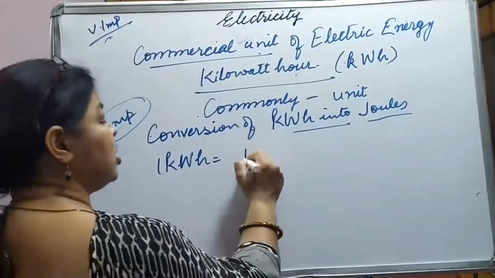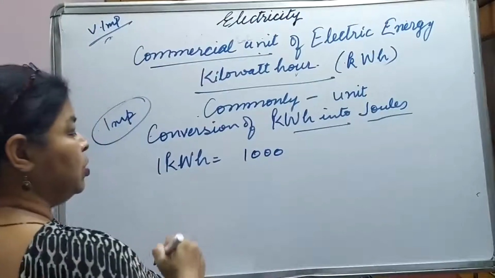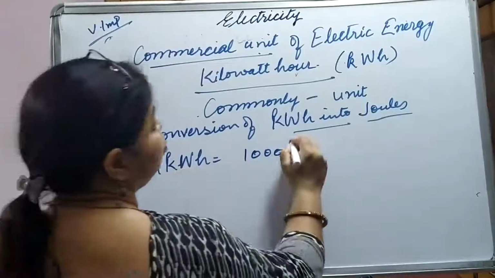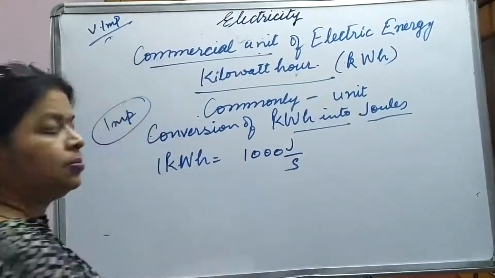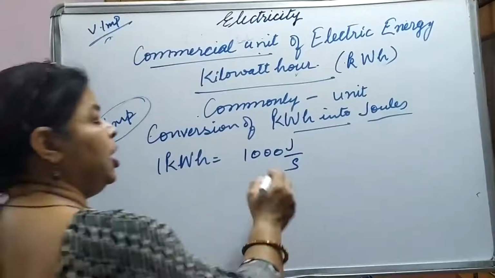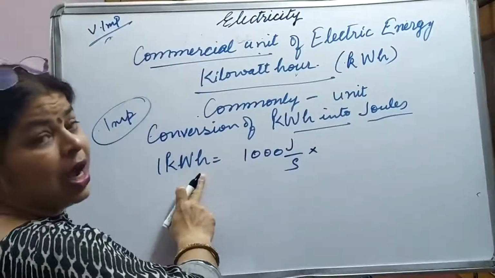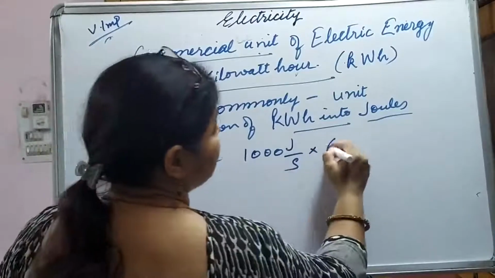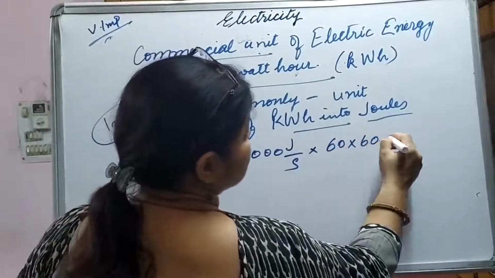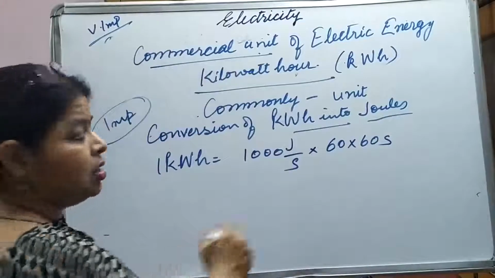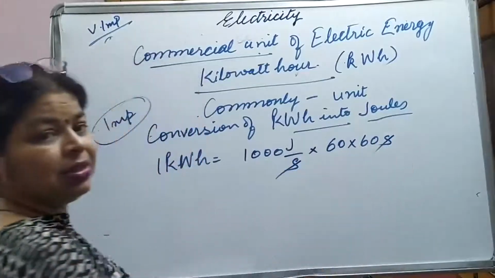1 kilo means 1000. Watt means joule per second. Into 1 hour; we will convert hour into seconds, so it becomes 60 into 60 seconds. Clear? Seconds and seconds cancel.